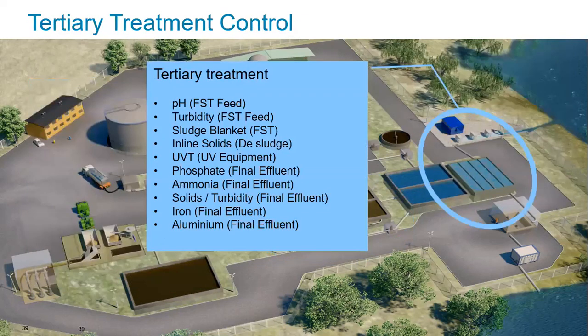Moving through to tertiary treatment, again, we've got many different parameters that we're looking to measure. We've got parameters for the equipment, the flow coming onto the process, and of course, as that final effluent leaves the tertiary step, the final settlement tanks, UV, we need to make sure we're meeting the discharge consent.